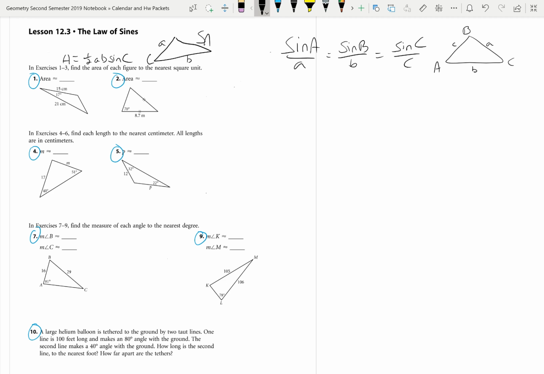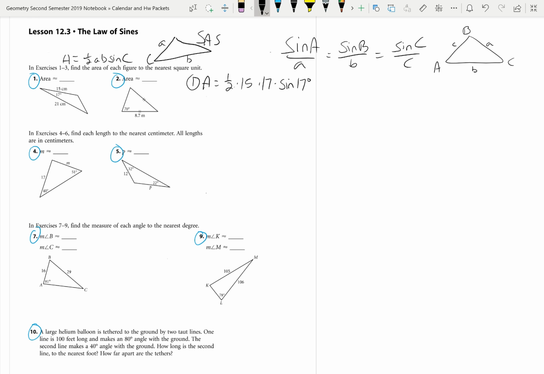That's a side angle side triangle. So the area for 1 is 1/2 times 15 times 17 times the sine of 17 degrees.